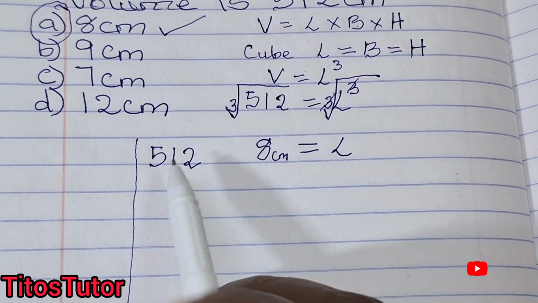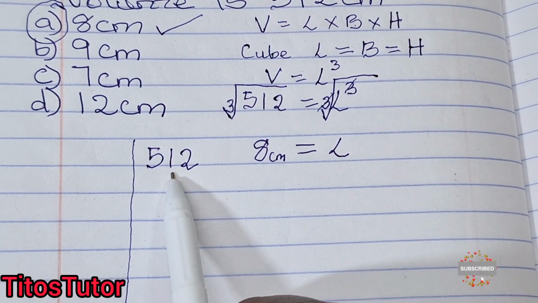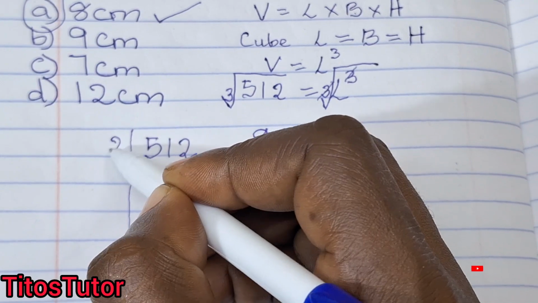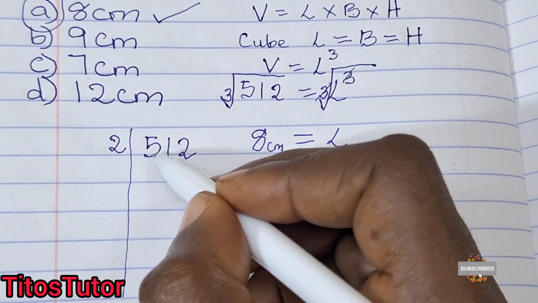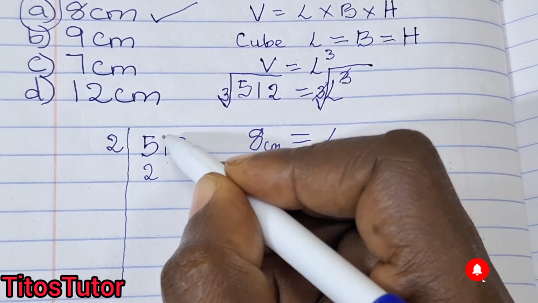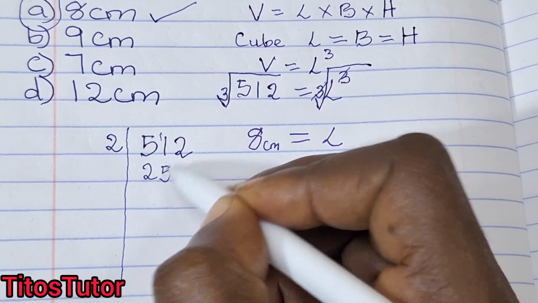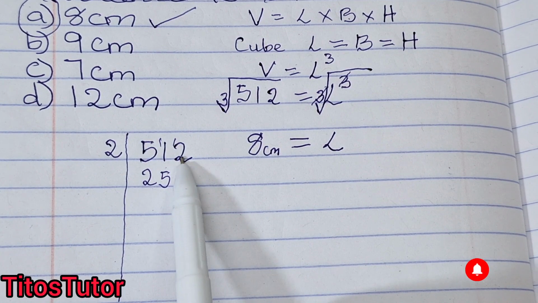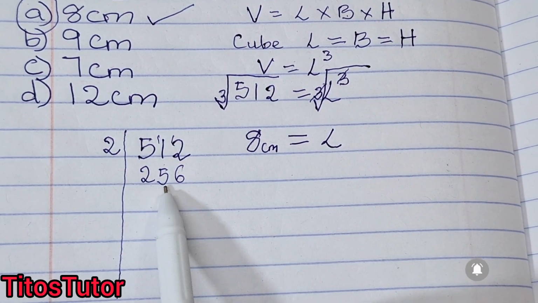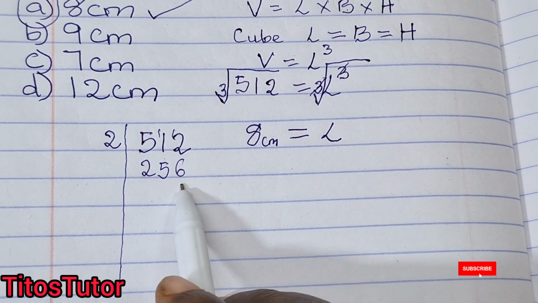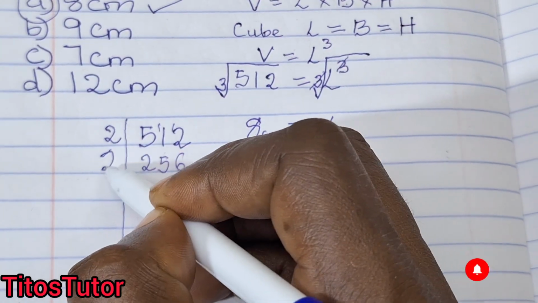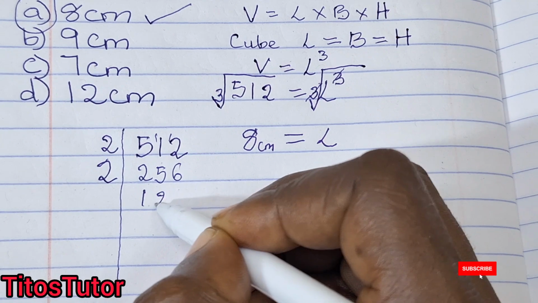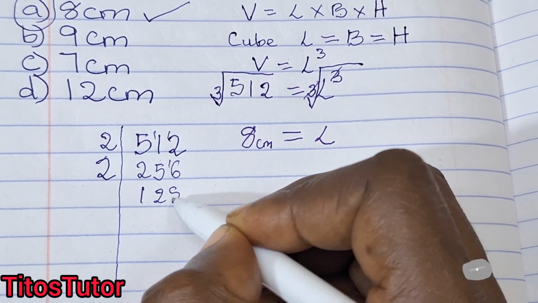It's an even number, so you're going to divide by 2. Just keep breaking it down by 2. 512 divided by 2 is 256. Even number again. I go with 2. So let's go. 1, 2 remainder 1, which is 8.